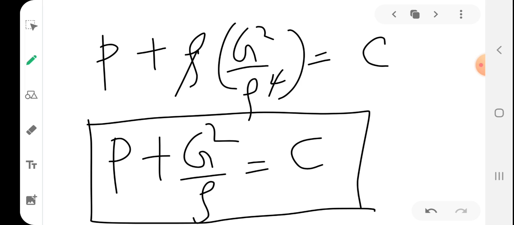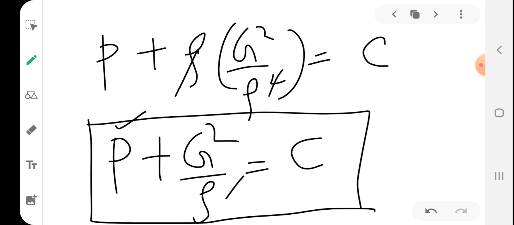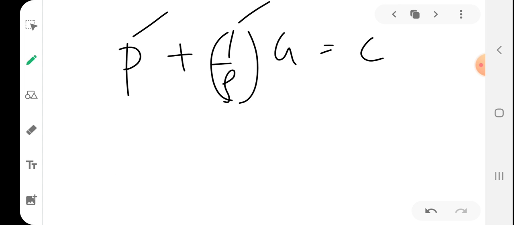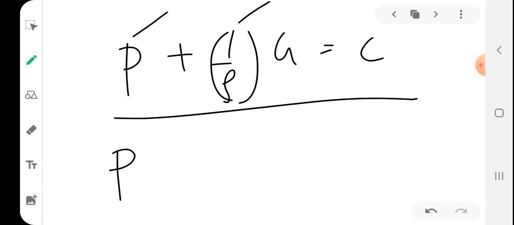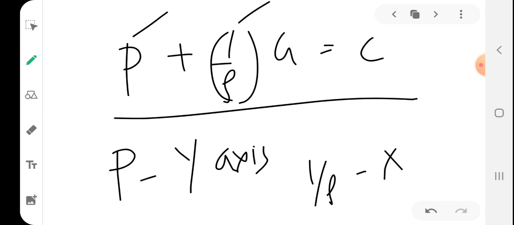So students, you can see that here two variables are there, P and rho, or P and 1 by rho. This equation is a function of P and 1 by rho. So this equation can be represented in a graph with P on the x-axis and 1 by rho on the y-axis.